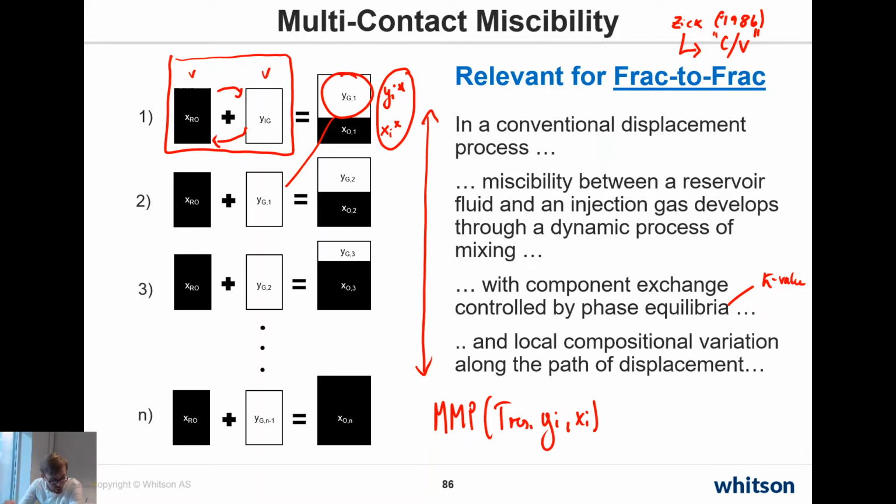It is the most referenced paper in gas EOR displacement processes, and it was a revolutionary paper, probably 10-20 years ahead of its time, and really good if you'd like to understand these things in more detail. If you only want to focus on gas huff and puff, it's not a requirement, but it's nice for your general understanding of miscibility and phase behavior, K-value determined processes.